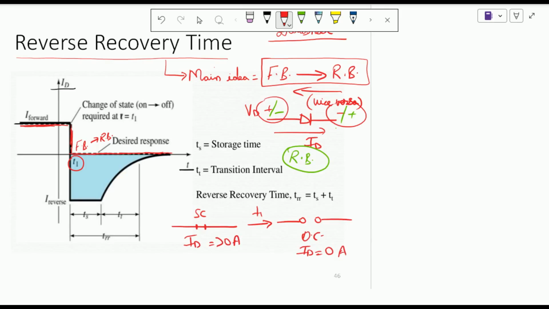This is what we have seen, but practically this is not going to happen instantaneously, rather it is going to take some time.